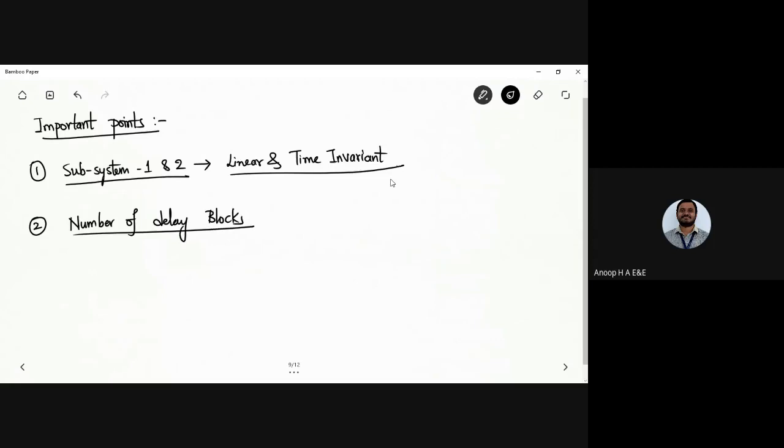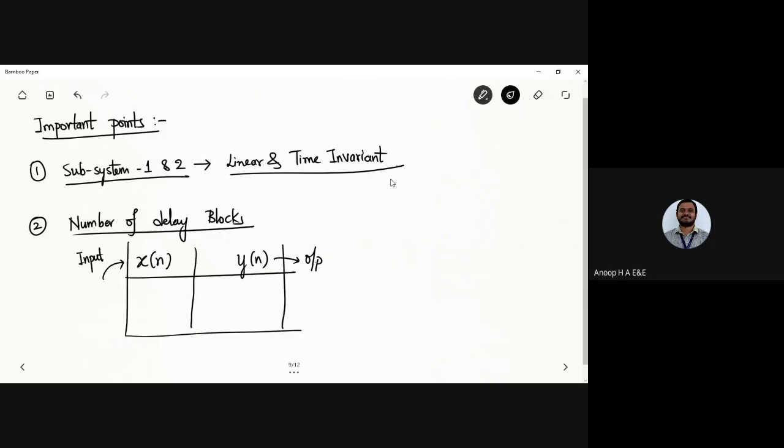When it comes to the number of delay blocks that need to be used, you can consider both the input, x of n, and the output, y of n. For the input I can write x of n minus 1, up to x of n minus k.